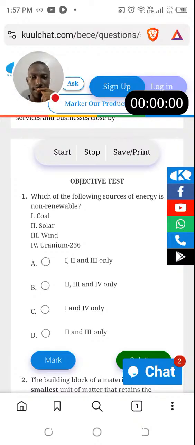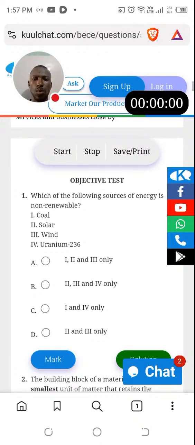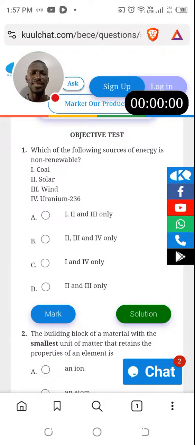The first question is this: which of the following sources of energy is non-renewable? So we have coal, solar, wind, uranium-236.